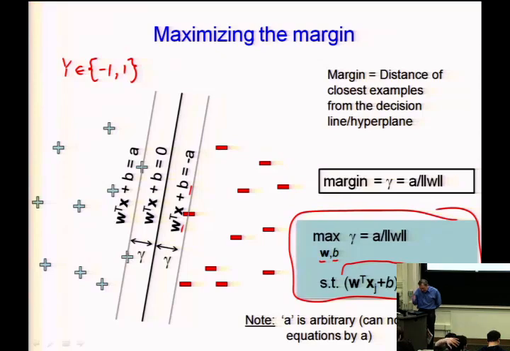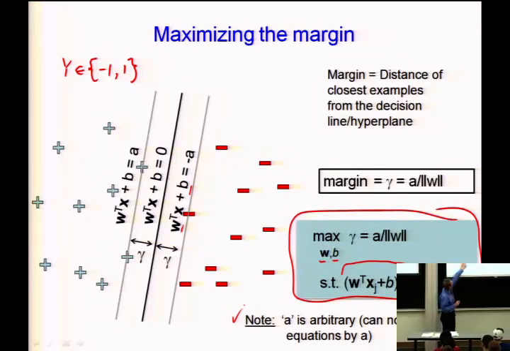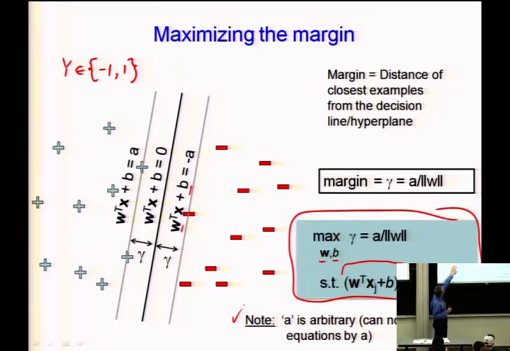And this note here simplifies life for us further. If we have this kind of a setting, I could just divide through by a. So basically, I can say that my margin is going to be 1 over the magnitude of w, and I'll make this greater than 1.